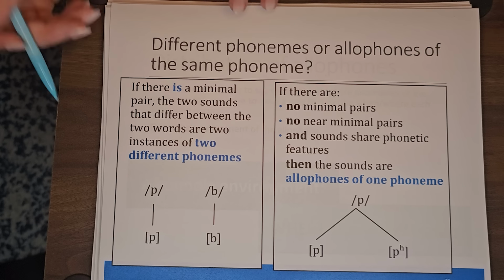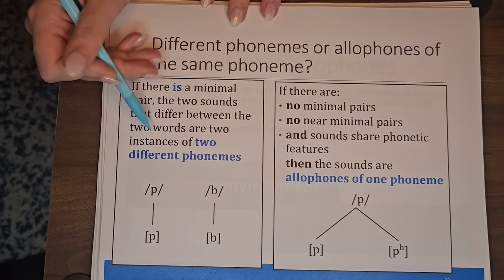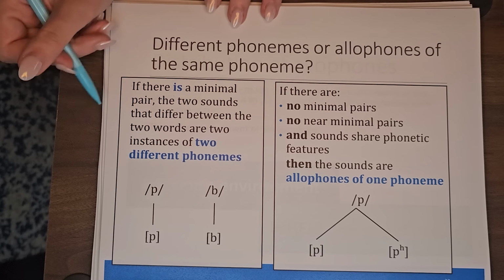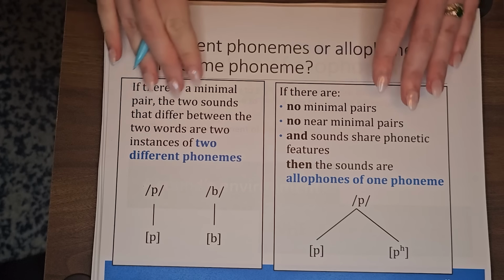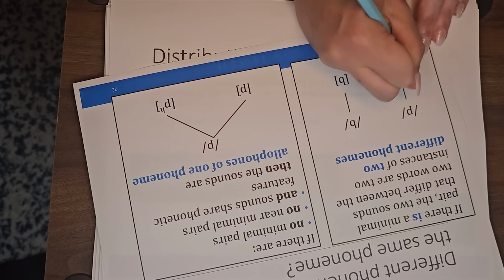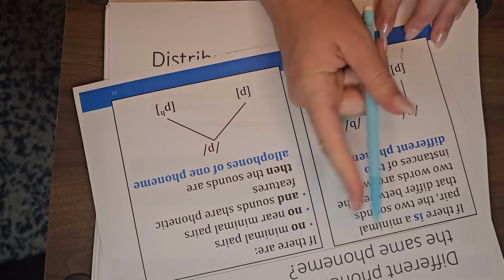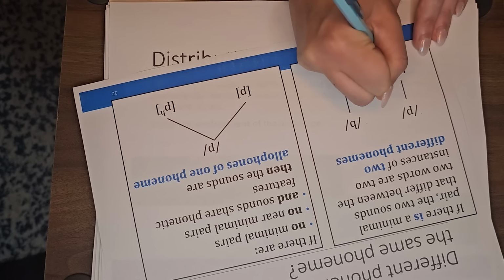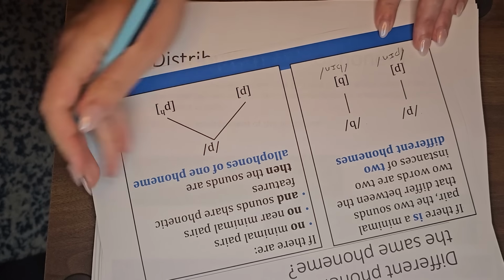So, if there is a minimal pair, the two sounds that differ between the words are two instances of two different phonemes. So, for example, p and b are different phonemes because we might have the words pin and bin, which are minimal pairs.